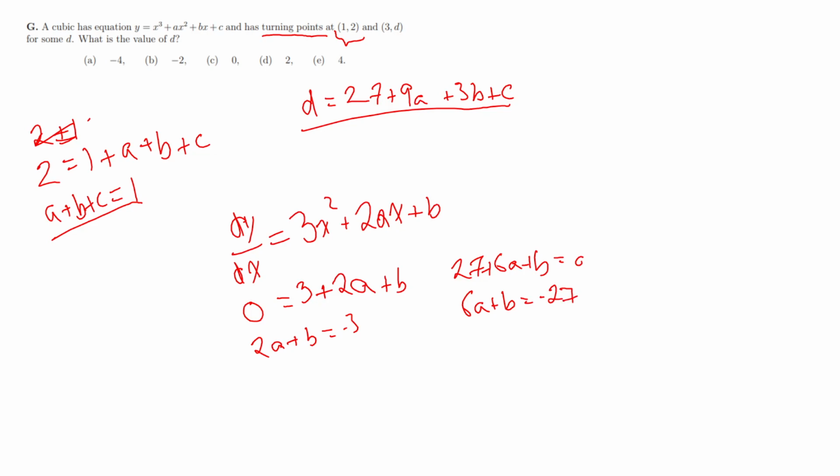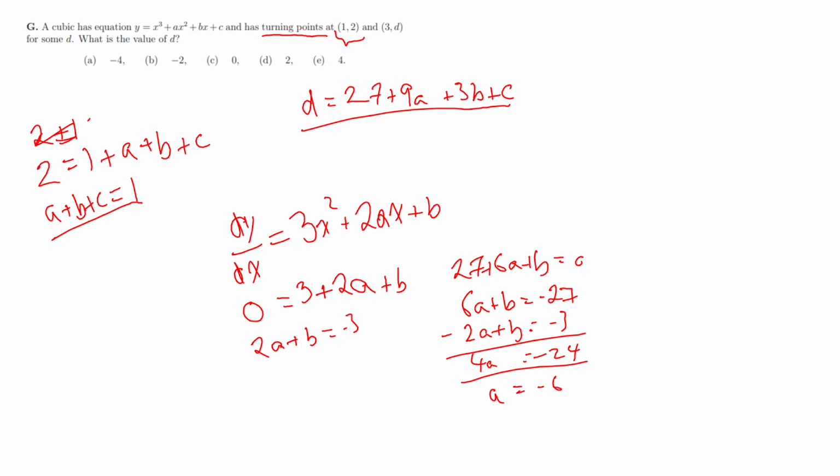At this point we can just solve simultaneous equations, and if we subtract one from the other, so if we take the 6a plus b equals minus 27 and subtract 2a plus b equals minus 3, we get 4a equals minus 24, a equals minus 6.